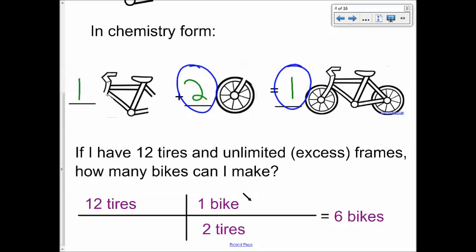What do I need on bottom? I need tires, so my tire units cancel out, and I have 2 tires for every 1 bike. Hey, look at that. I can produce 6 bikes. Seems easy, I know, and you're like, oh, why is he saying this is one of the hardest units? I'm making this as simple as I possibly can right now.